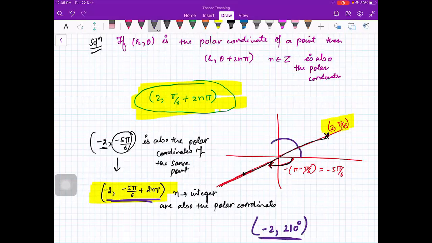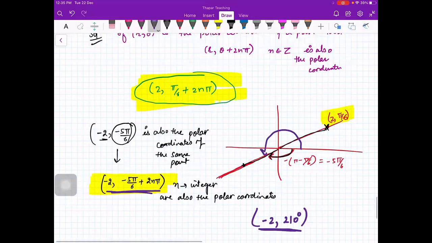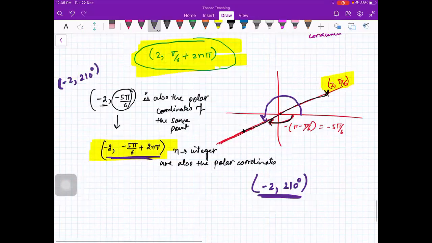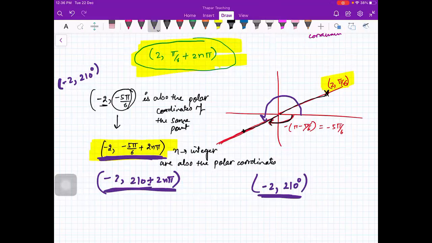So what you are doing, you can go like this. This is 180 plus 30 degree, 210. So if you want to take this, then here you will take -2 comma 210, and then here you will write -2 comma 210 plus 2n pi. So they are the same thing. You can check, whatever you get from this formula, you will get the same angles from the other formula also. Is that okay?